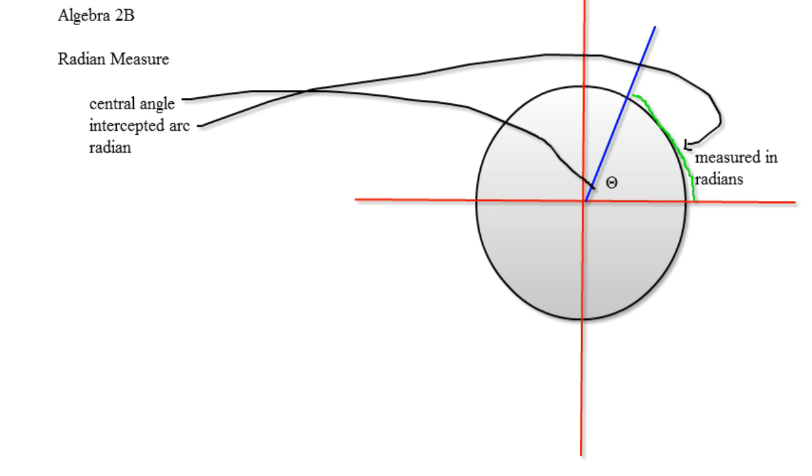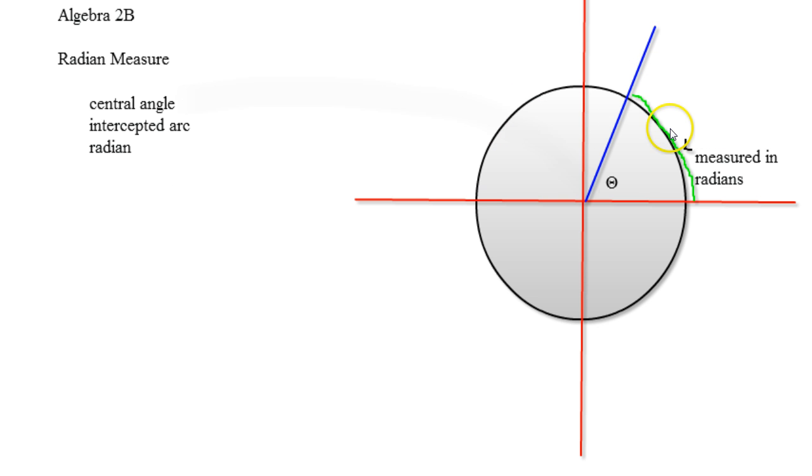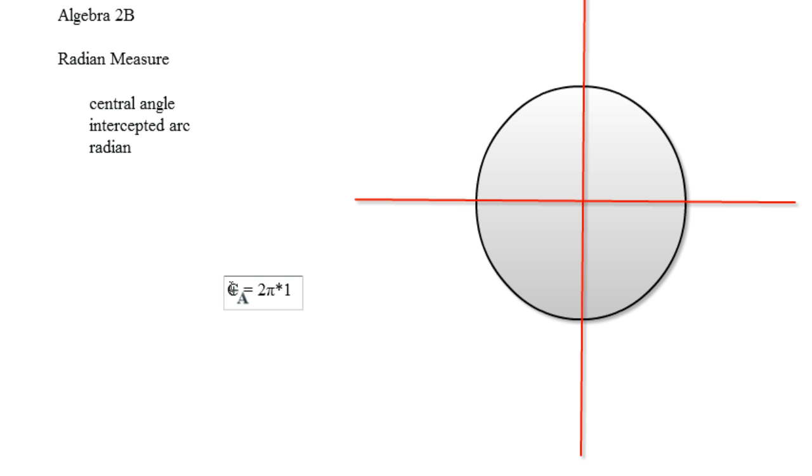Now if we take a look at this circle, let's get rid of all this extra stuff. This is the unit circle. The circumference would be 2 times pi times the radius, which would be 1, so circumference equals 2 pi.